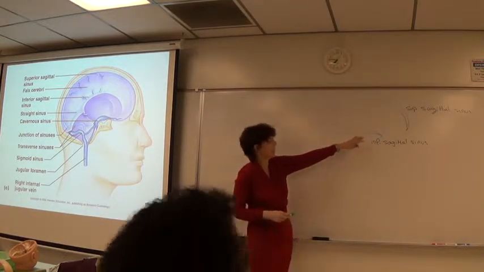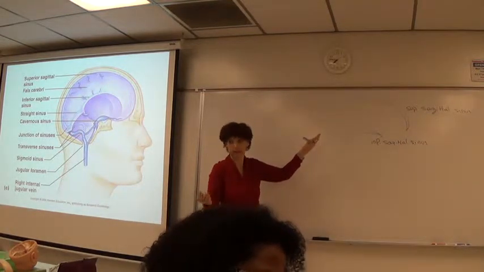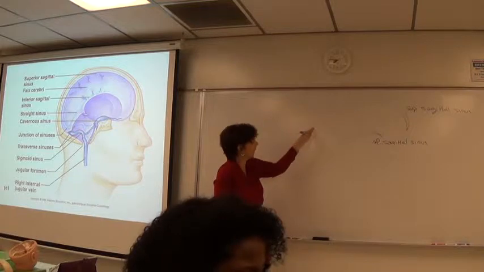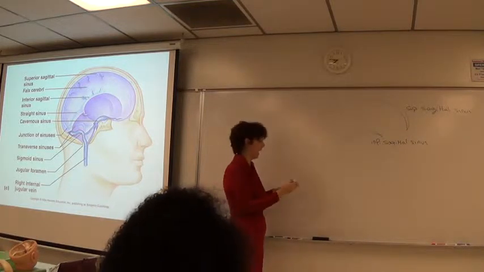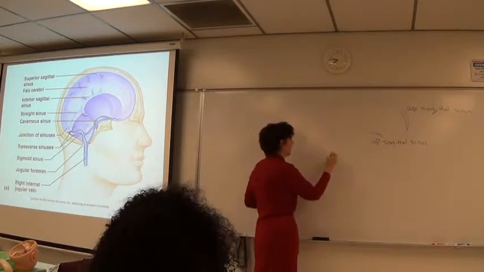So blood that is in the inferior sagittal sinus joins blood that is being drained from the superior sagittal sinus and travels down the midline of the tentorium cerebelli.